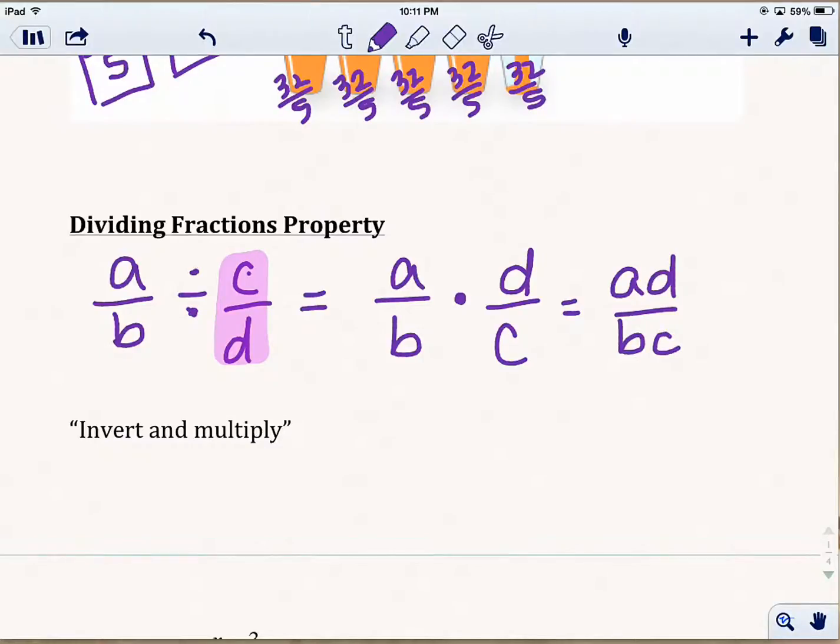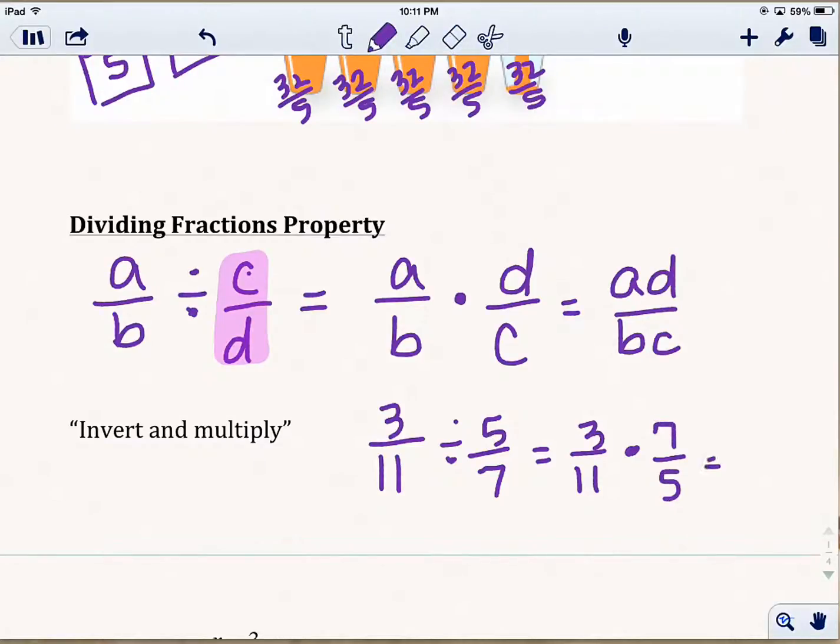We can look at this with numbers. If we have 3/11ths divided by 5/7ths, instead of trying to do this division sign, we're going to take 3/11ths and multiply by the reciprocal 7/5. So 3 times 7 is 21. 11 times 5 is 55. So when you divide fractions, you're going to invert and multiply, or multiply by the reciprocal of what you're dividing by.